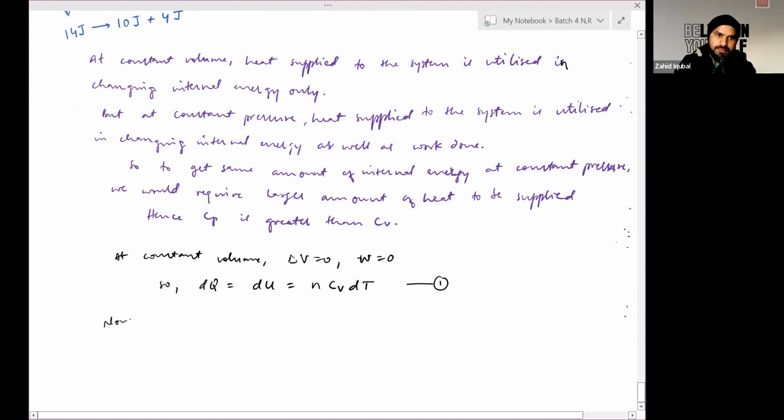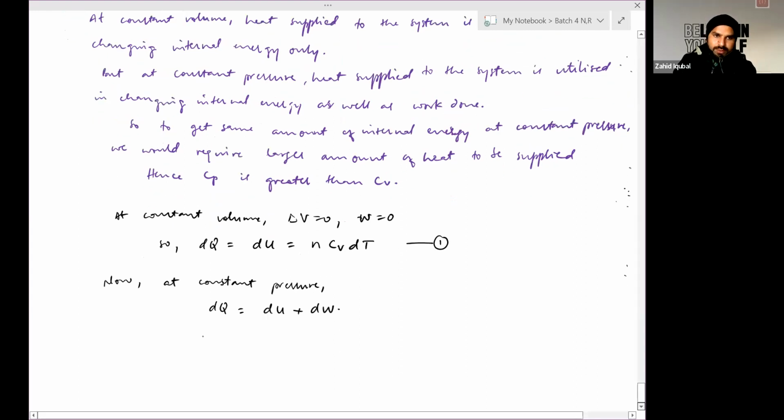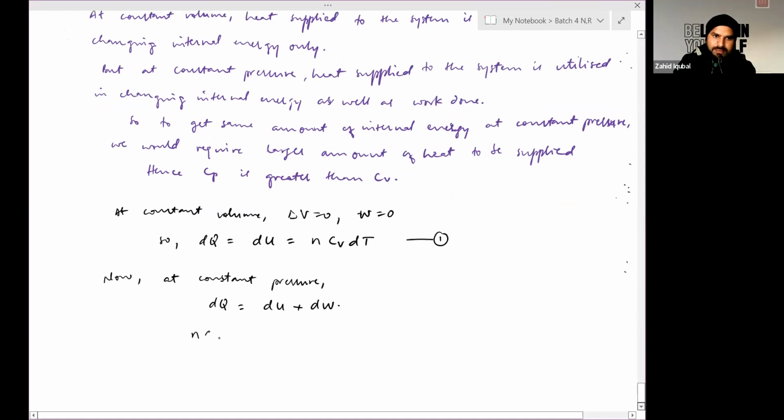Now at constant pressure, dq equals dU plus dW. dq is n Cp dT, dU is n Cv dT, and work done is P dV.